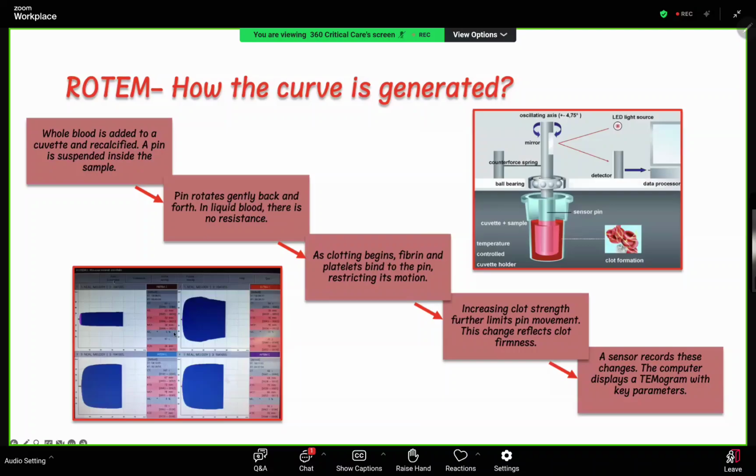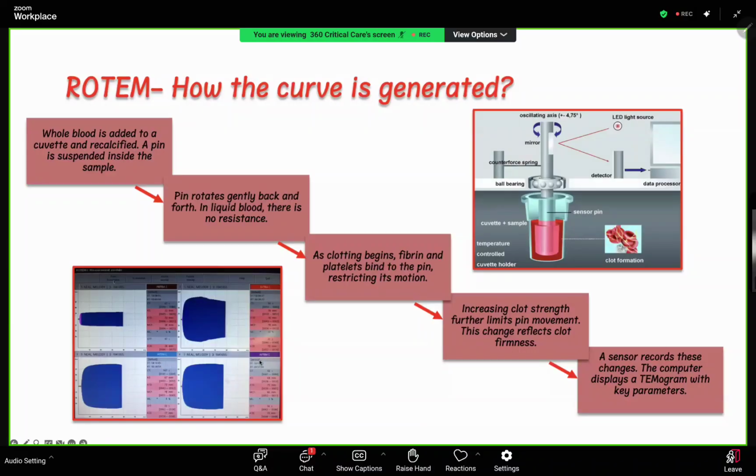So in FIBTEM you get more idea about the fibrinogen as the factor of coagulation. The second is called as the EXTEM. It represents the extrinsic pathway of the coagulation. The third one is a INTEM, which represents the intrinsic path of the coagulation.